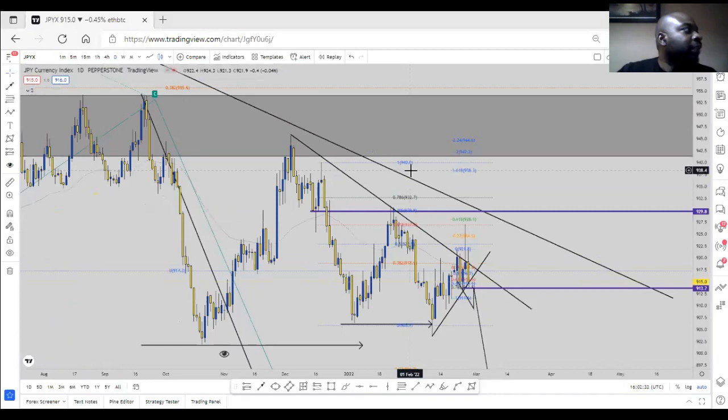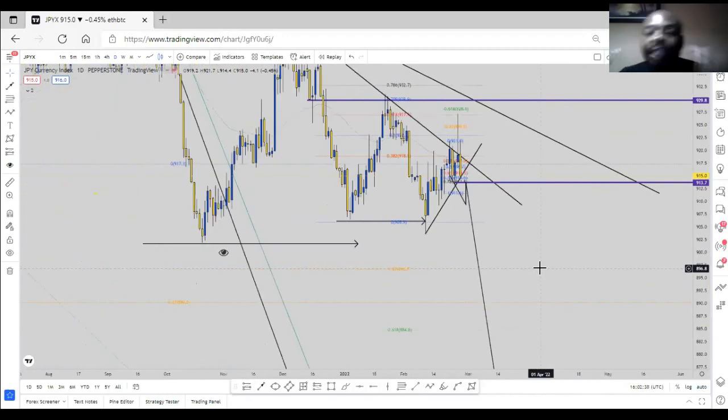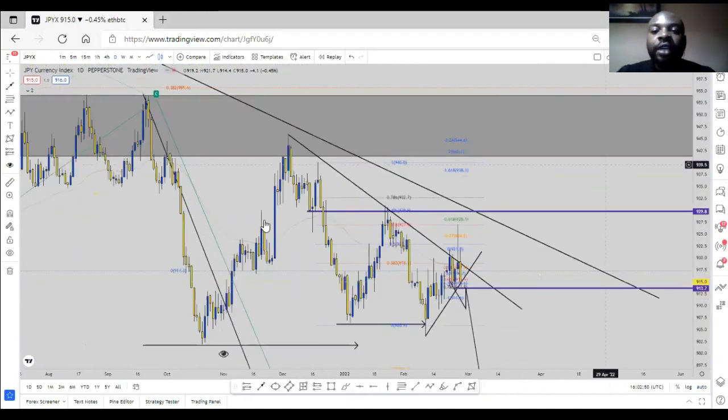So this is how I always want to consider market sentiment before I trade. It's the same thing for the XY. When you want to trade the USD across board, it's important to understand how you can trade the XY.